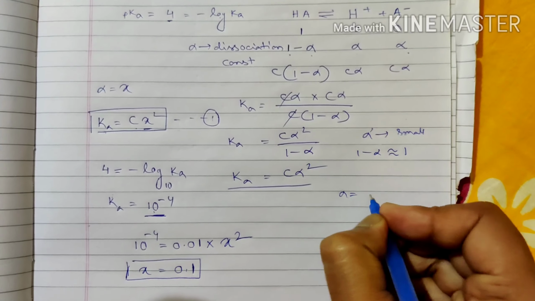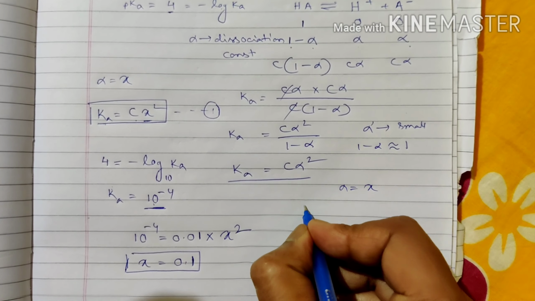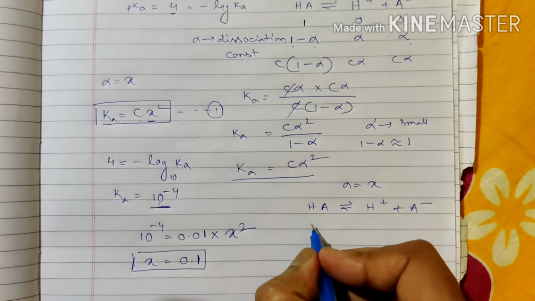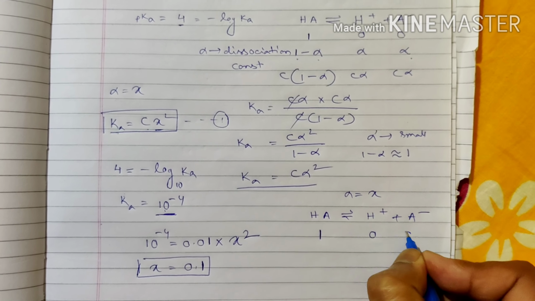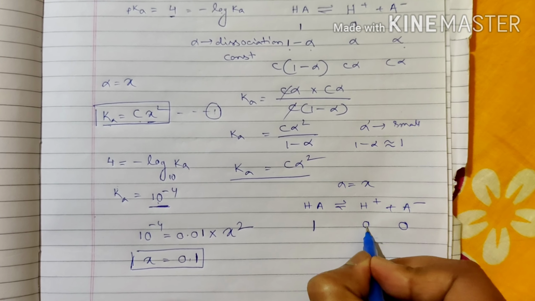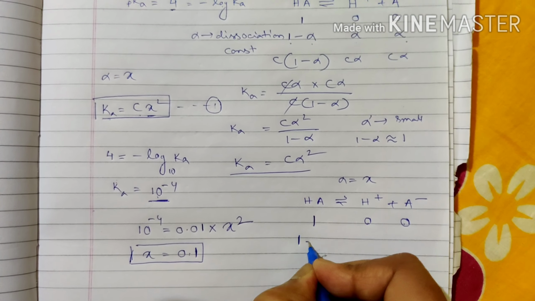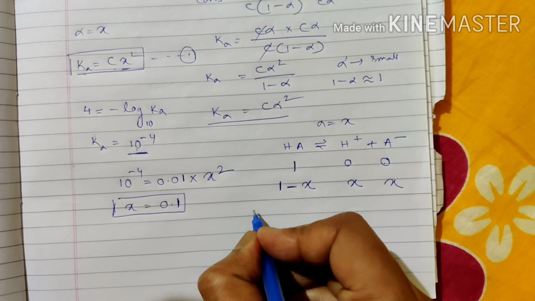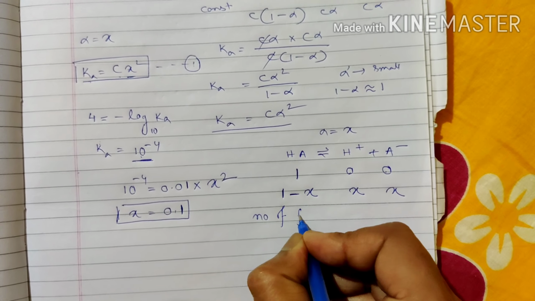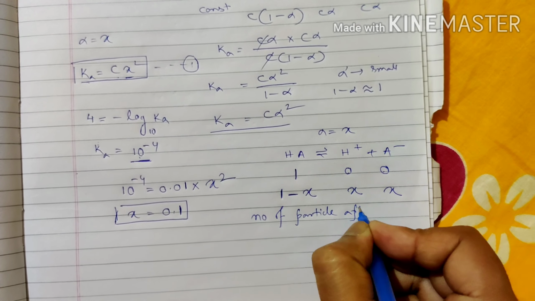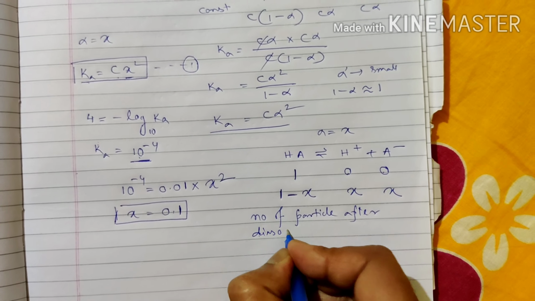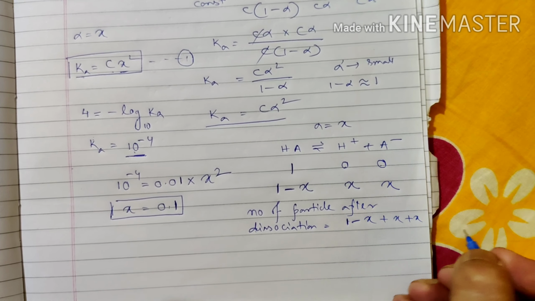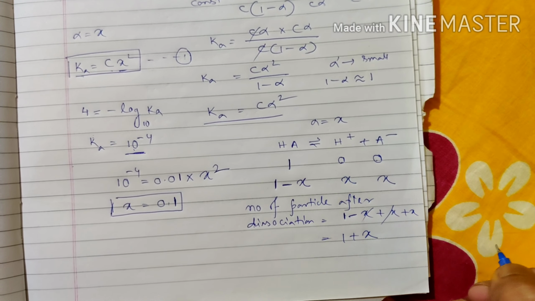Now alpha is equal to x, the degree of dissociation. To calculate the Van 't Hoff factor, let us rewrite. Initially it is 1 molecule, 0 molecule and 0 molecule. After dissociation it becomes 1 minus x, x and x as per the coefficients. The number of particles after dissociation should be 1 minus x plus x plus x, that is 1 plus x.